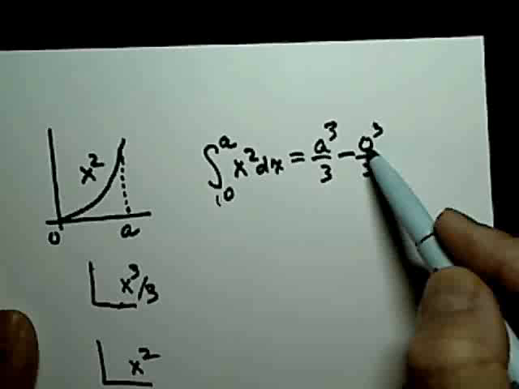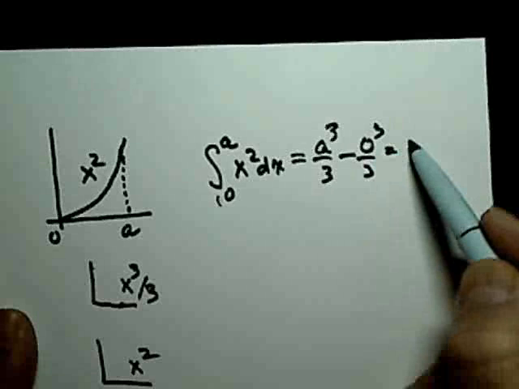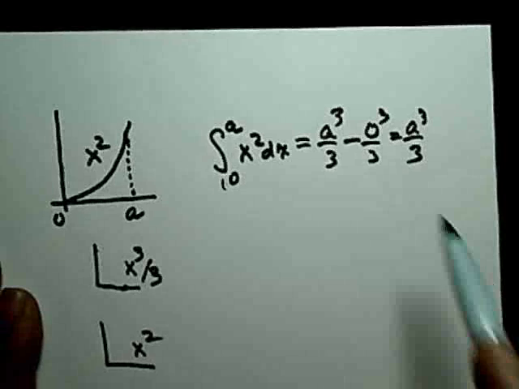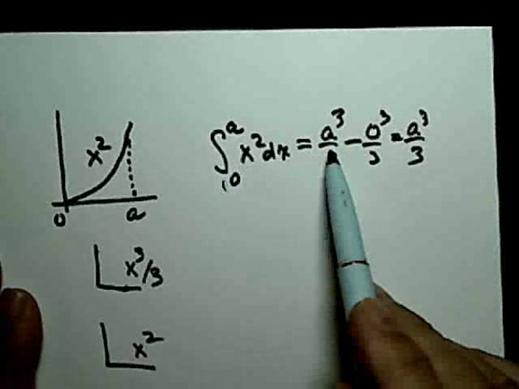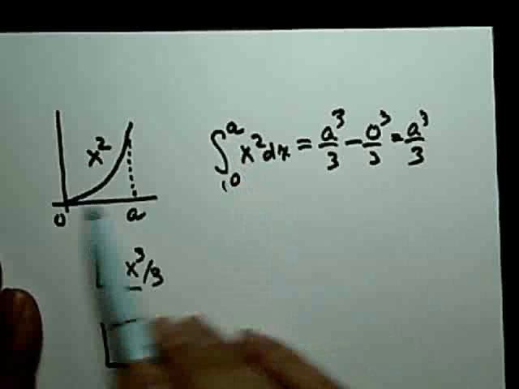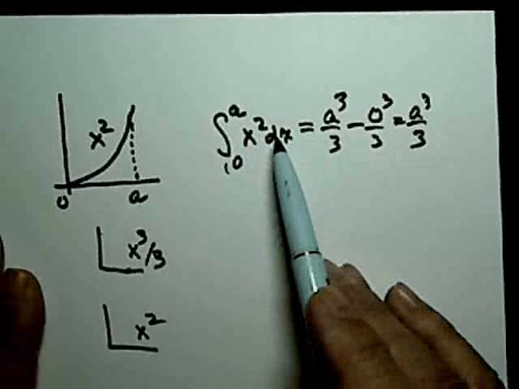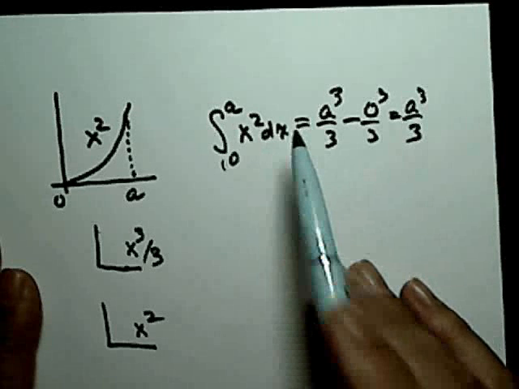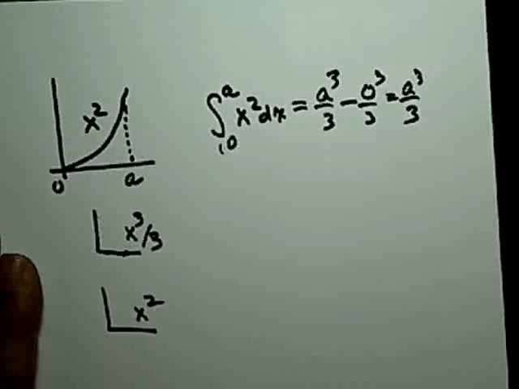And of course, 0 cubed is 0, so the answer then is a cubed over 3, which I mentioned to you earlier in a previous video. But now this is a proof of that utilizing calculus. Now, Archimedes didn't have calculus, so he had to go about it in a much more difficult way, and that's why it was a great achievement, and the other Greeks weren't able to do so.